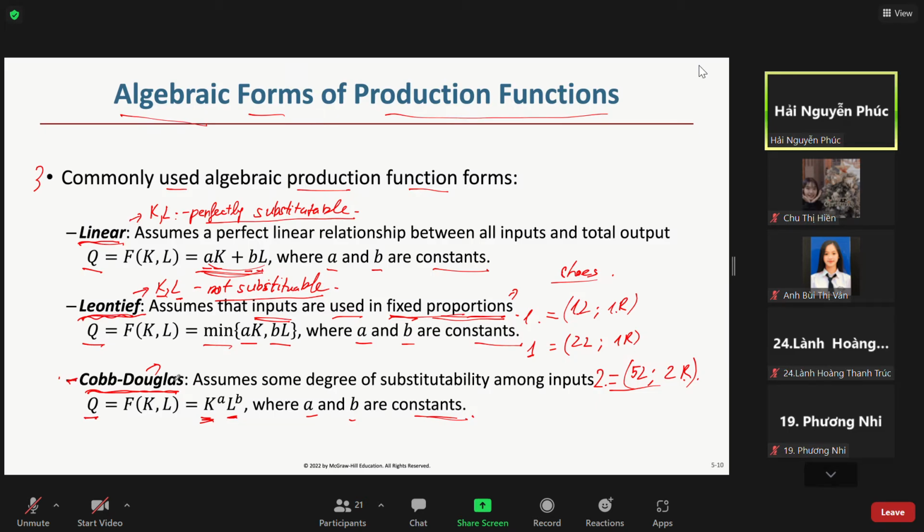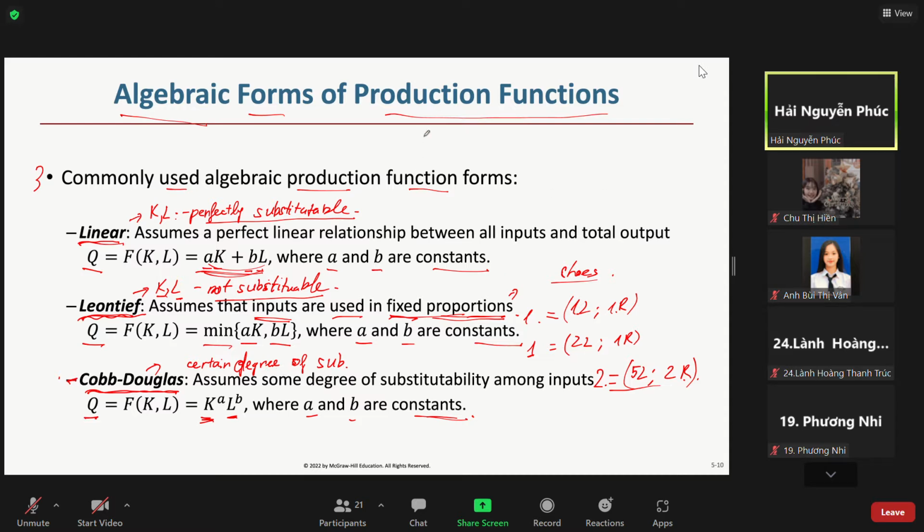The Cobb-Douglas function allows us to have a certain degree of substitutability, right? So what do I mean?